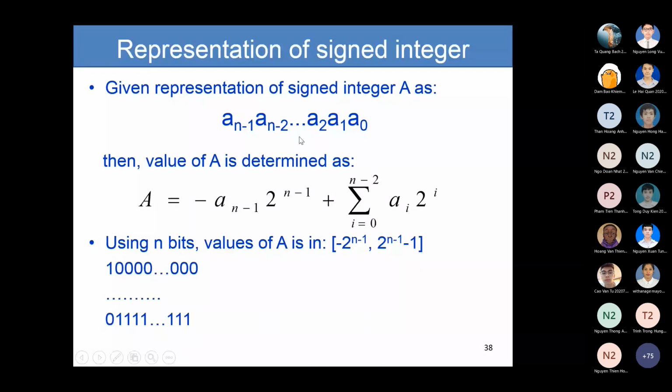So given a series of binary digits, we can determine the value of A using this formula. For the first bit we put the sign minus here.